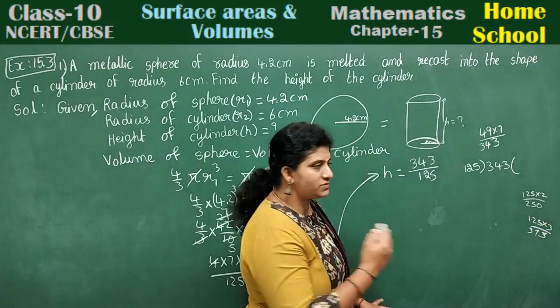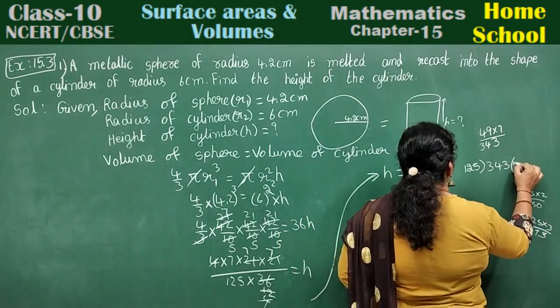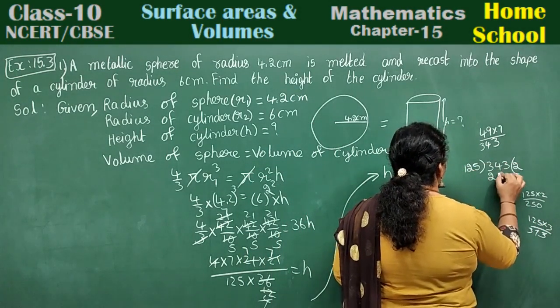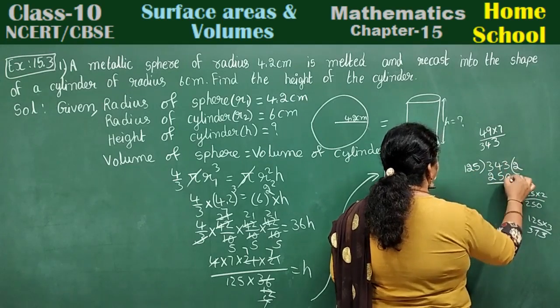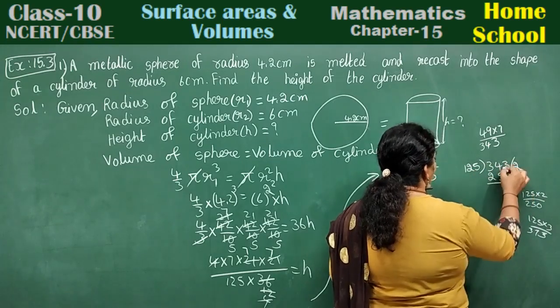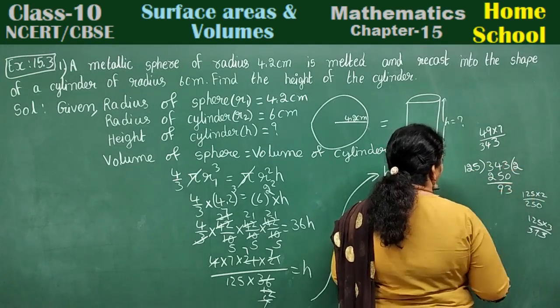That means it is more. So let me take 125 twos are 250. Subtract: 3 minus 0, 3. 14 minus 5, 9. 93.